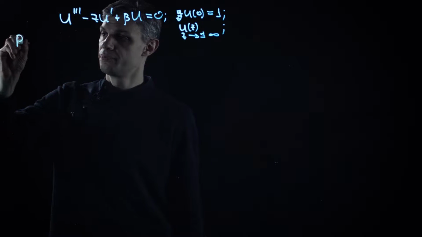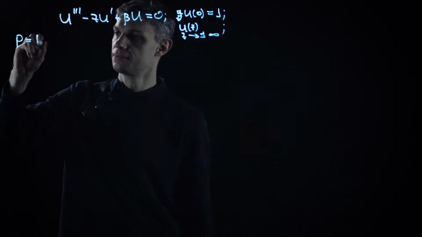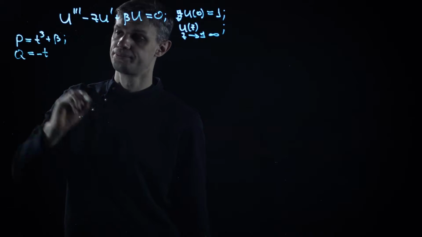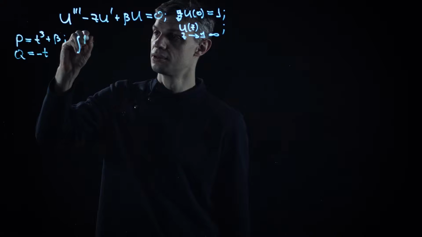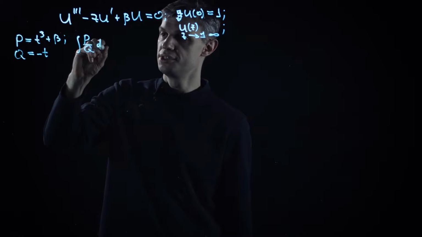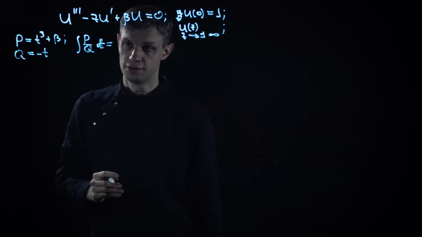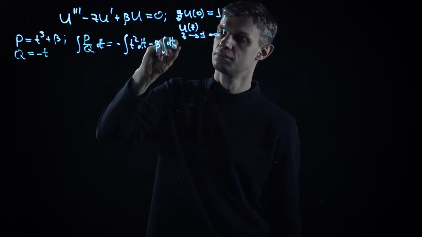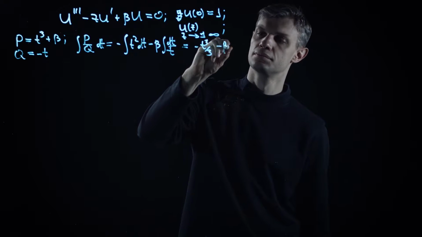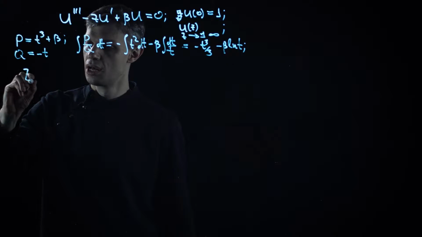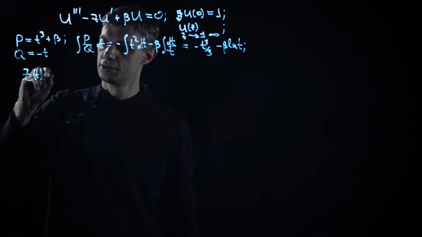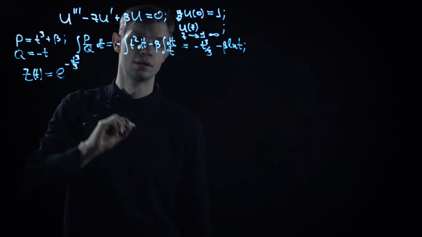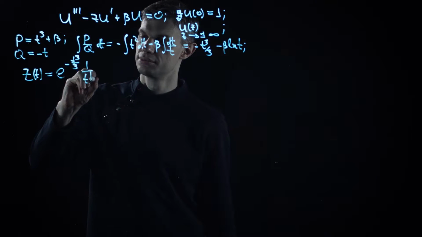As usual, we write down our p and q polynomials and compute all the integrals which define the structure of our exact solution. And here we go. Our z of t function is simply e to the minus t cubed over 3, times 1 over t to the beta.